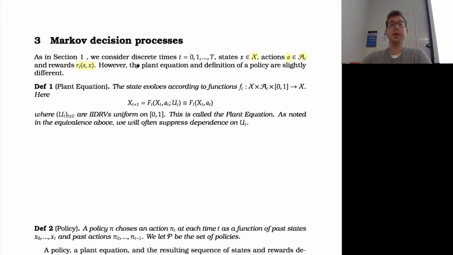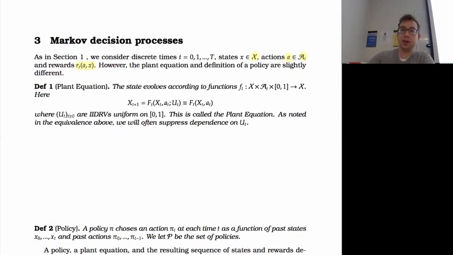However, before, the evolution of this process x was deterministic. Given the state and the action that you chose, the place that you ended up next was certain. Now, the plant equation is slightly different. In fact, it's going to evolve in a random way. Specifically, states are going to evolve according to functions.